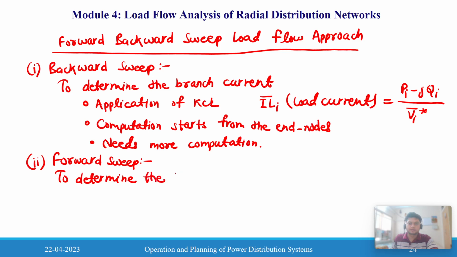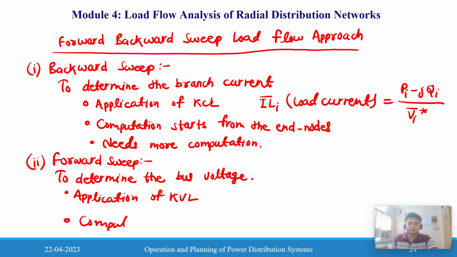So at last we apply the forward sweep, after the backward sweep, where we determine the bus voltage. It is an application of KVL, and here the computation starts from the slack node.